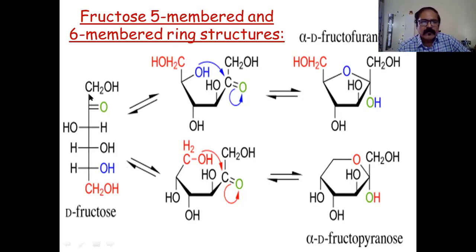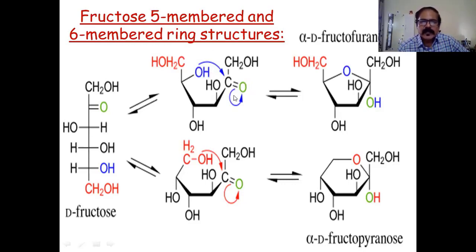Now what happens? The second carbon is reacting with the fifth carbon's hydroxyl. This is the first carbon, second, third, fourth, fifth. So the second carbon is reacting with the fifth carbon's hydroxyl oxygen. The pair of electrons is donated to the carbon, and the pi bond electrons will migrate towards the oxygen, and there is a bond formation between oxygen and carbon, and the hydrogen will be removed.